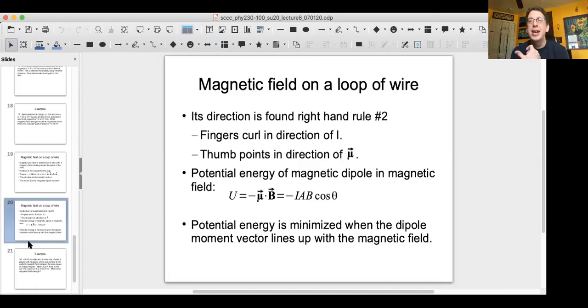So if you expose a piece of iron to a magnetic field, instead of the random orientation of the dipole moments, they will start to line up with the magnetic field vector. And what we'll see in the next chapter is that they wind up magnifying the magnetic field significantly as a result. But we'll talk about that a little bit more next time.